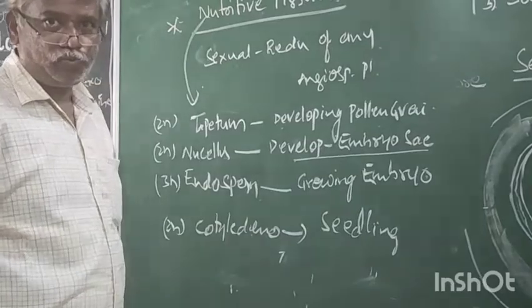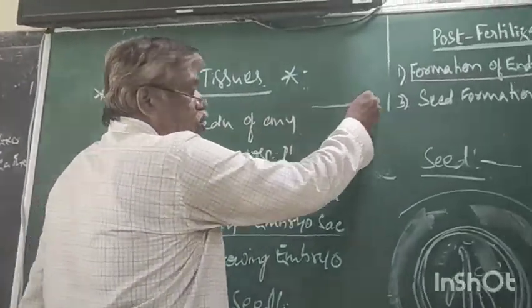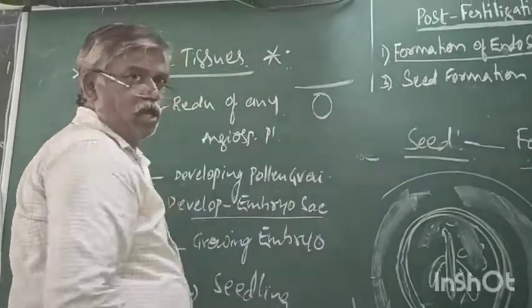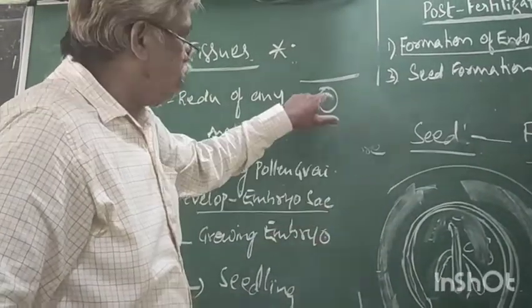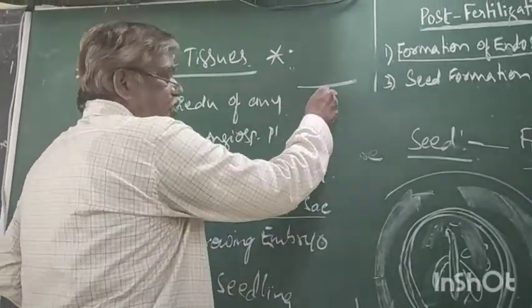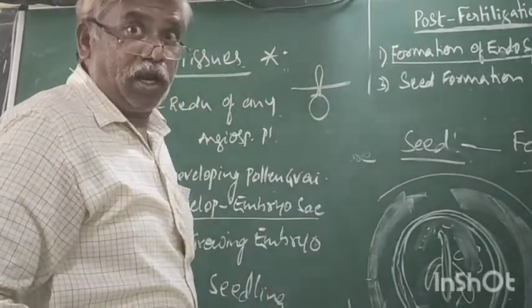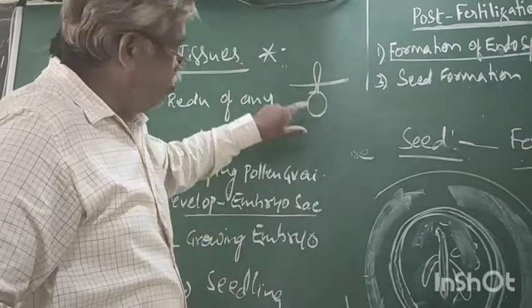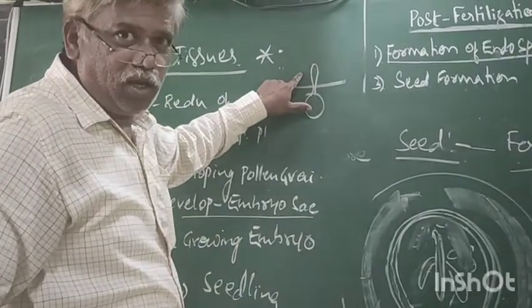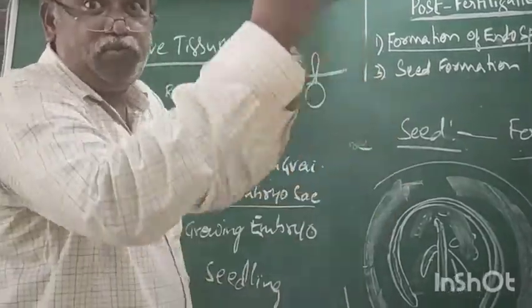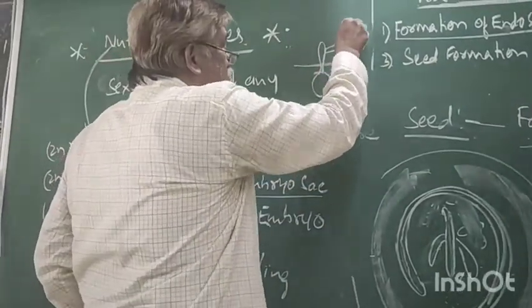You know, when you keep the seed in the soil and pour water, after 2 days the seed germinates. Right. Simultaneously with the germination, it does not have a green leaf.